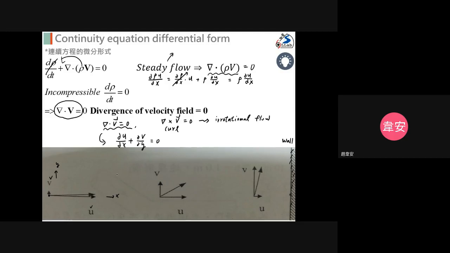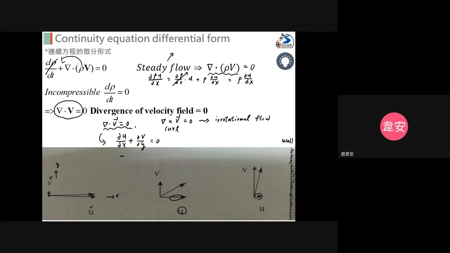You see that the u velocity changes with x. For this problem it is negative, because as x increases, the u arrow showing here becomes smaller. So the gradient of the u velocity along the x direction is negative.